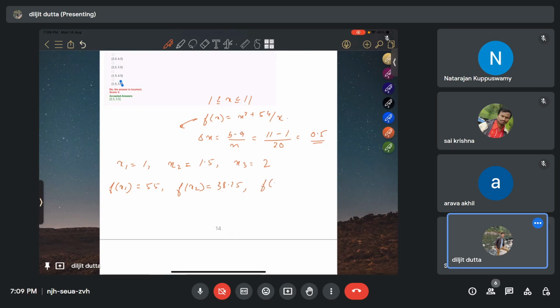And f of x3 is equal to 31. Now f of x1 is greater than f of x2 and greater than f of x3. So the new search region will be what? We will add one more point, that is x3 plus delta x.